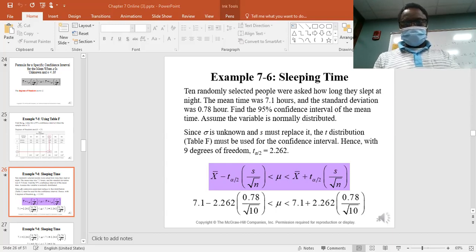This is not the same as this one. 2.262 is the next. This is this one. So what is happening here?